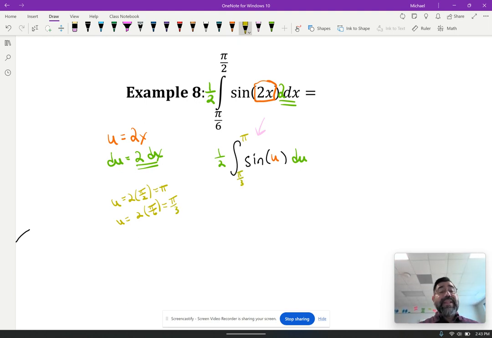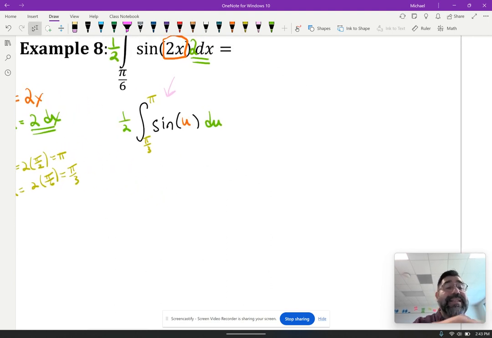Great. So once I find the antiderivative, I can just plug in these numbers and I'm done. But I need to find the antiderivative. What's the antiderivative of sine u? That would be negative cosine u. And don't forget the 1/2 is still there. So negative 1/2 cosine u, but we're going to evaluate that at pi and at pi over 3. Think about how we got to this point by taking the antiderivative.